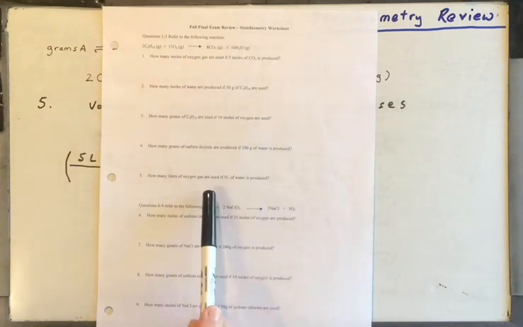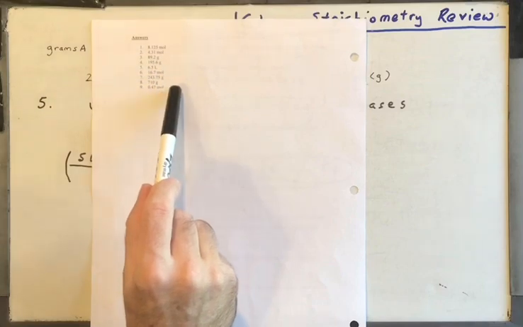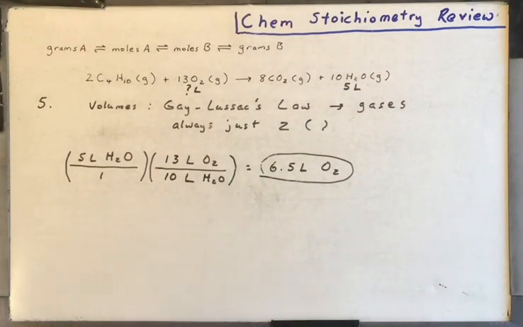If you understand these 5 problems, then you can do what's on the final exam. I want you to work as practice 6, 7, 8, and 9. Check yourself. And if you have problems, check your answers here. If you have problems, just post a question on Microsoft Teams and I'll give you a call, video call, and we'll work through it together.